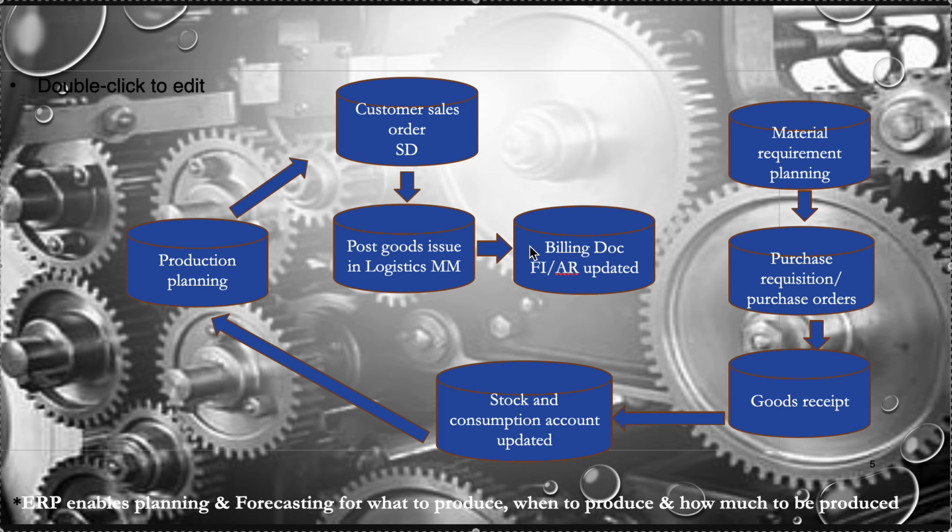They procure material from the vendors through a purchase requisition and purchase order, then they receive the goods and their stock gets updated, then they issue the goods to production, and finally, when they have the finished goods, they go to sales to the customer. So this is what we are going to understand basically: what procurement is and how the sales process is handled in SAP.